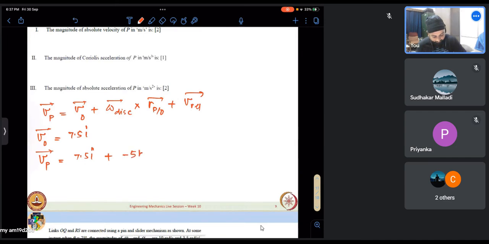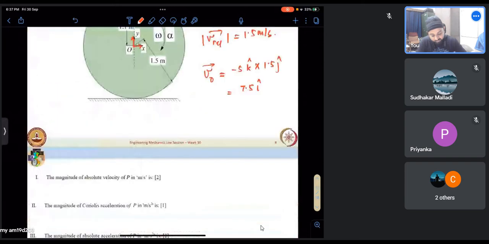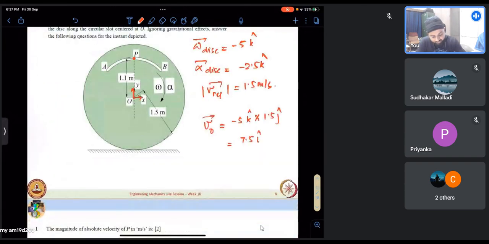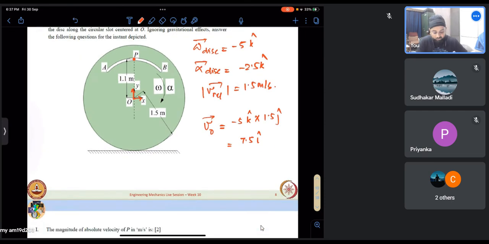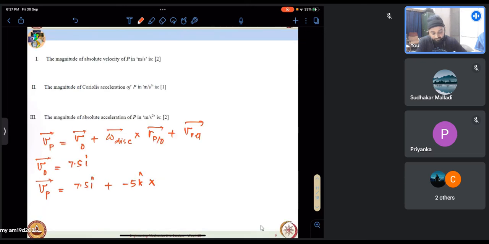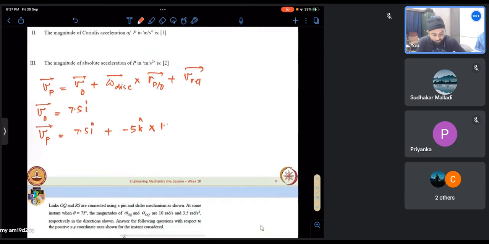Sitting at O, if we observe P, we can see that P is exactly along the y-axis at this instant, which is the essence here. So our position vector RP with respect to O is nothing but 1.1 j cap, and we have been given that it is moving along that circular slot with a constant speed.